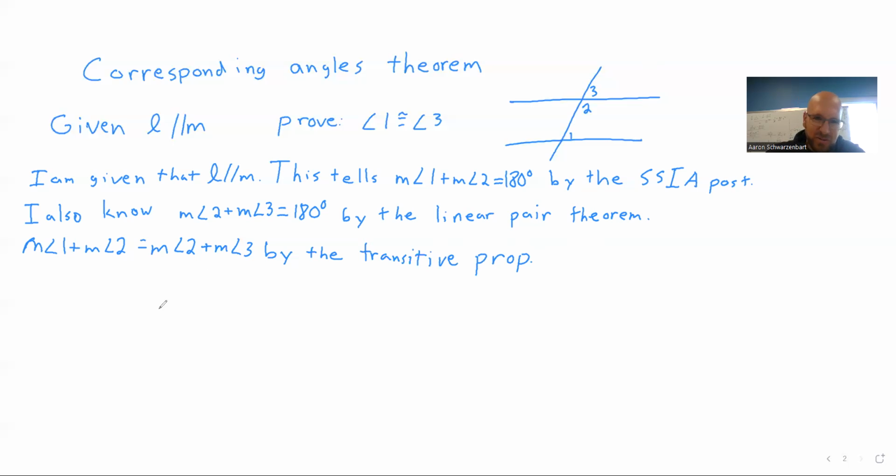I'm going to write this out. This wouldn't really be in my proof, but I want to show that it is. They're going to cancel out, and I'm going to just have the measure of angle 1 equals the measure of angle 3, by the subtraction property.